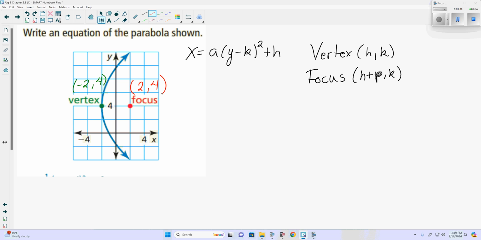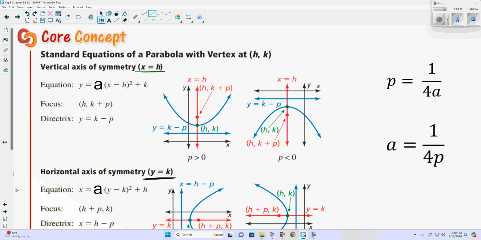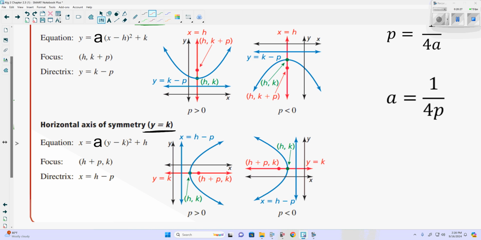Say we didn't get the graph. We're given the 2 points, vertex and focus, negative 2, 4, 2, 4. Did the x or y change? From negative 2, 4 to 2, 4. The x has changed from 2 to negative 2, yes? I'm going to go back to this here. If we look at y equals, so I didn't write it, but I'm going to write it, vertex.